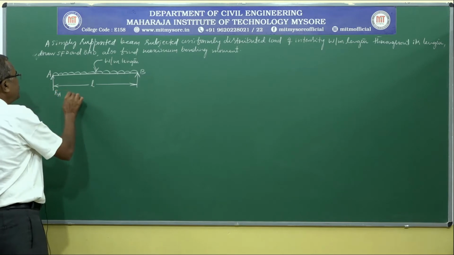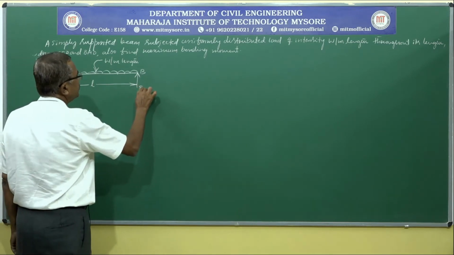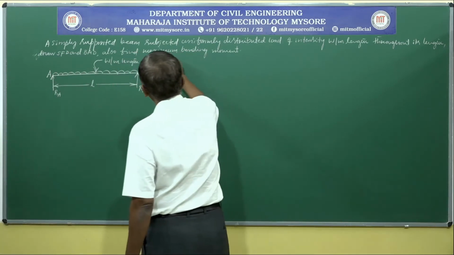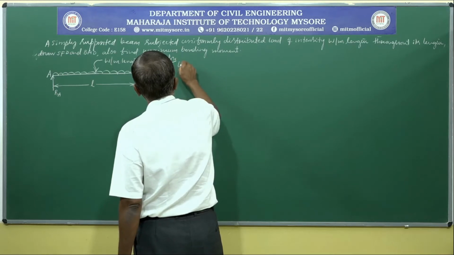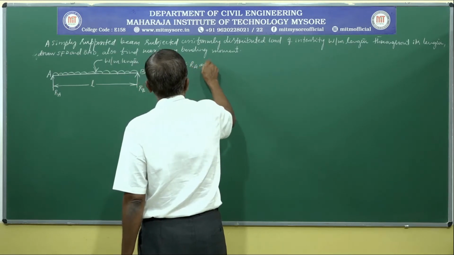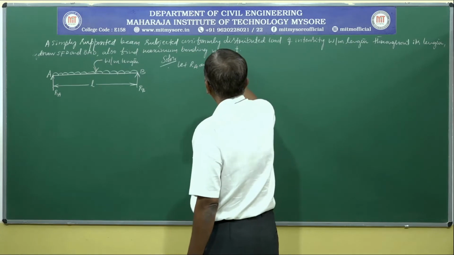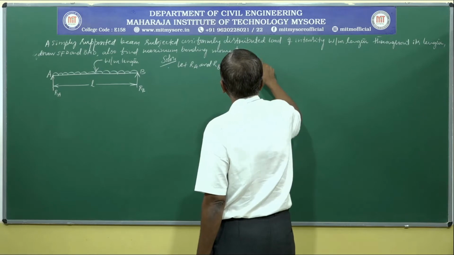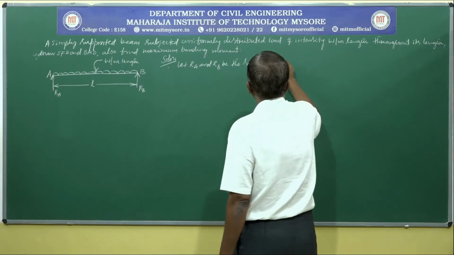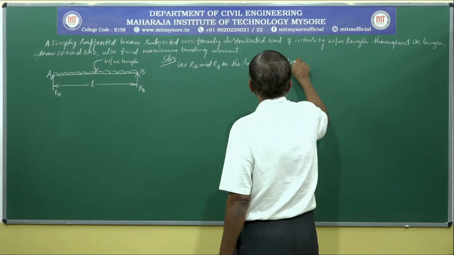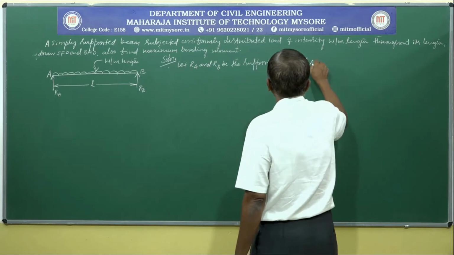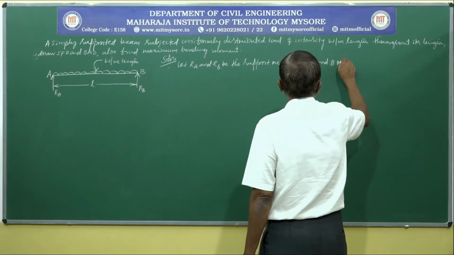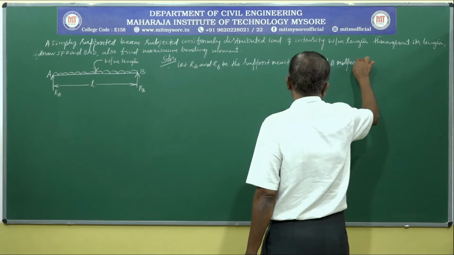Therefore, RA is the reaction at A and RB is the reaction at B. So let RA and RB be the support reactions at A and B respectively.